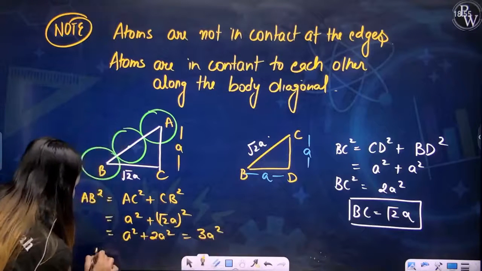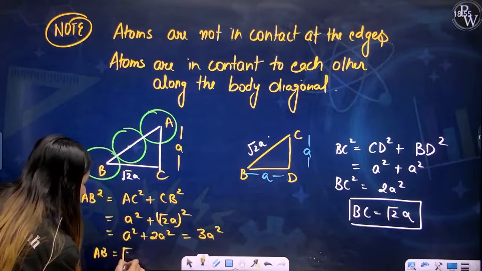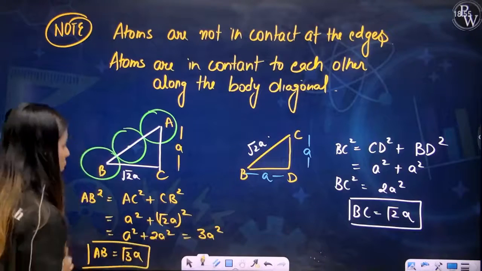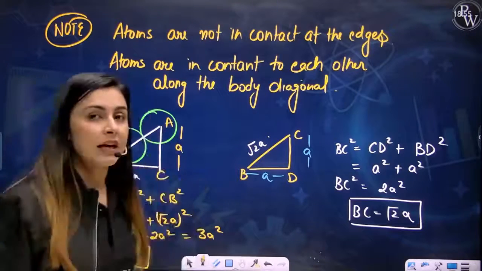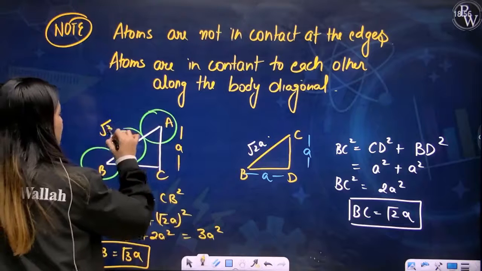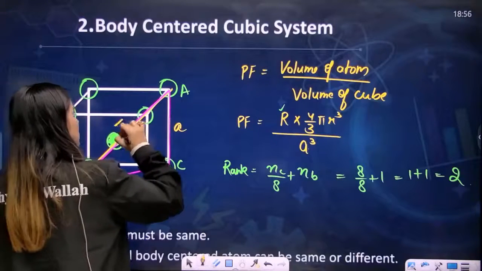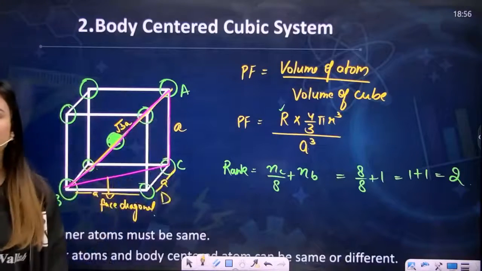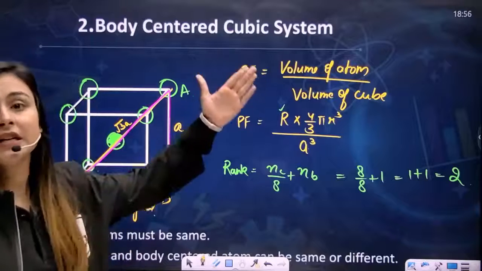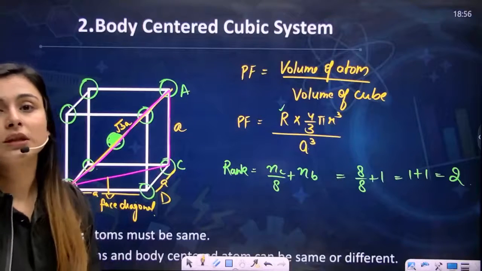So from here, AB came out to be root 3a. So can I say that this diagonal has come out to be root 3a? This whole body diagonal is equal to root 3a.